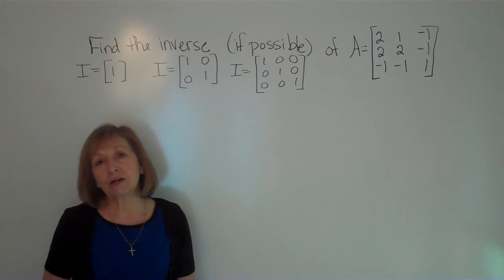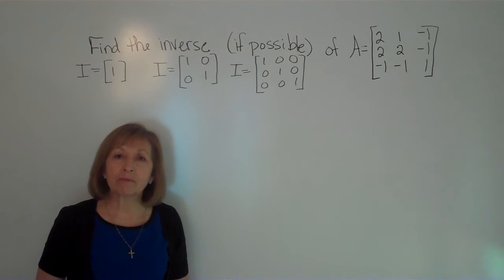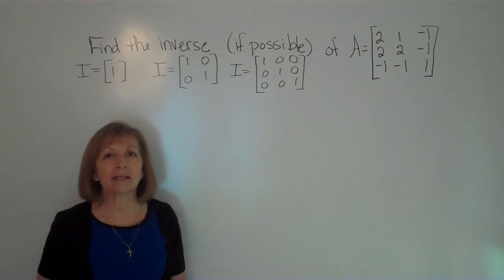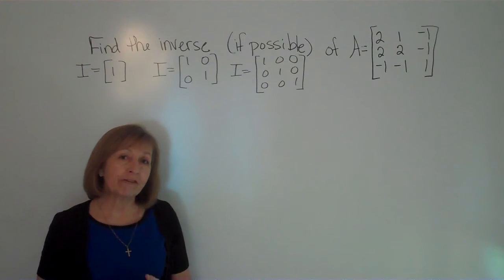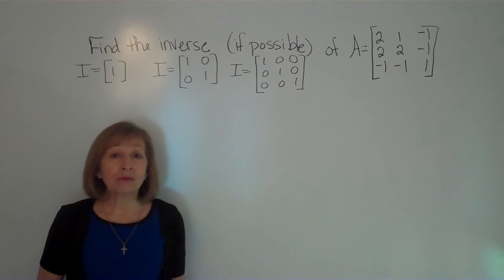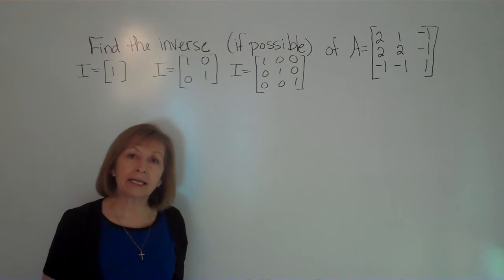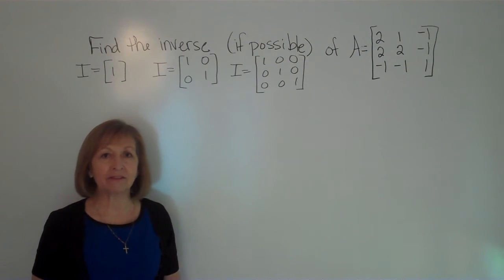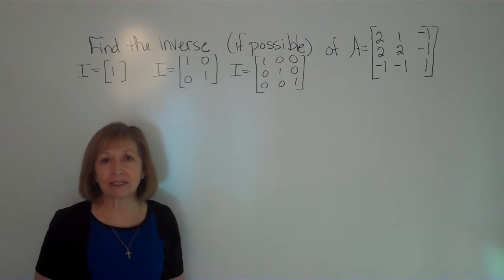Since this video is targeted towards just an entry level with using some matrix operations and the multiplicative inverse to solve systems of linear equations, we're going to find out if our square matrix has an inverse by actually going through the process to try to find it. And then as we're going through, I'll talk about what might occur in that process of finding the multiplicative inverse that would then show you that, hey, this matrix does not have a multiplicative inverse.